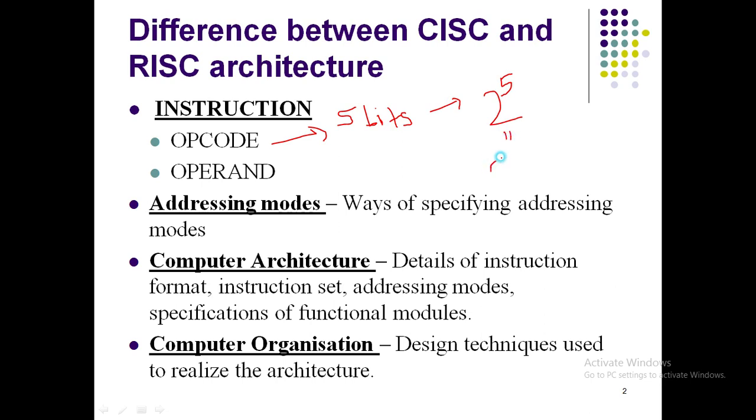So this can be done around 32 operations, not more than that. Therefore this opcode length tells us what would be the range of my operations.